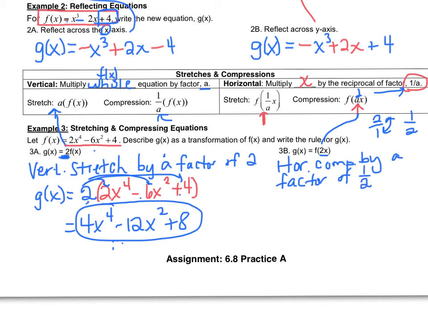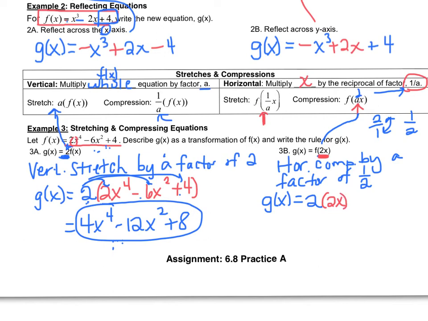Now we just need to go ahead and plug that into the original equation that we gave over here underlined in red. So the new equation, g of x, will be, let's see, we'll start writing the 2 from the original equation, but instead of writing just plain x to the 4th, we're going to write 2x, because we're multiplying the x's by 2, to the 4th.